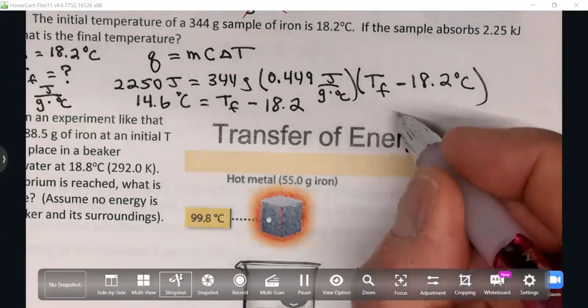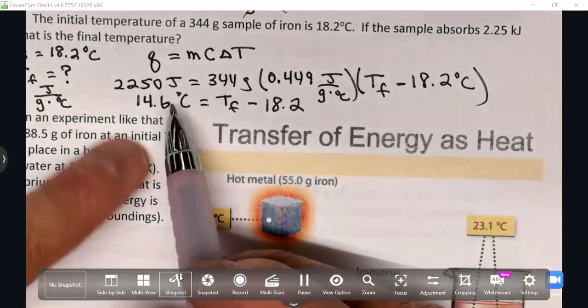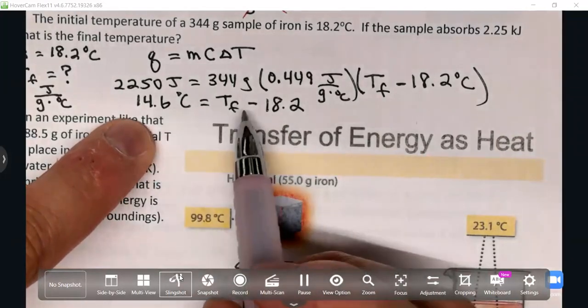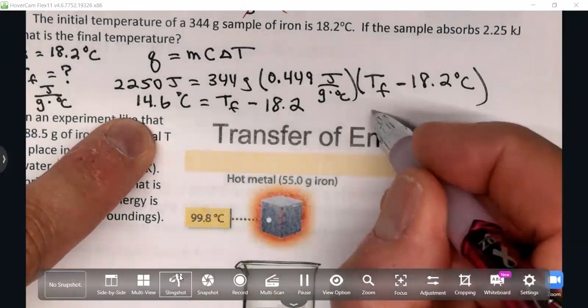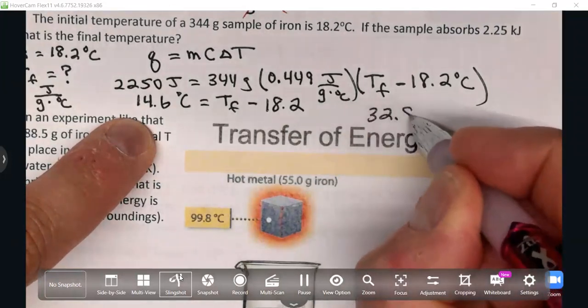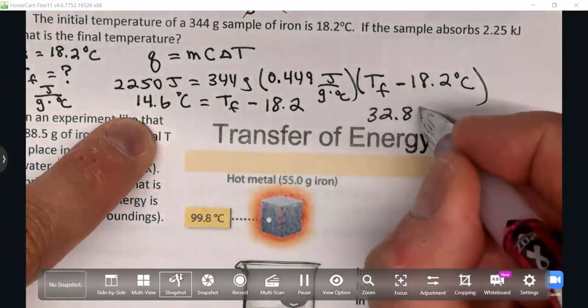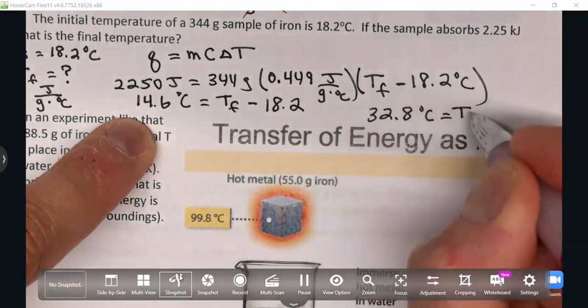And we would end up with then, if we add 18.2 to both sides, 32.8 degrees Celsius.